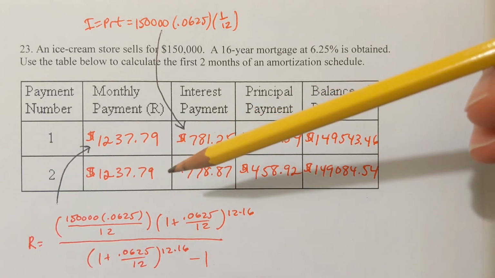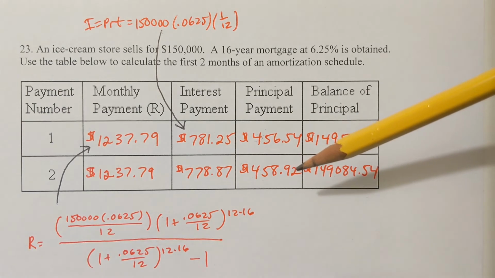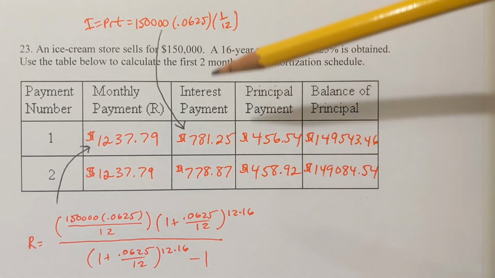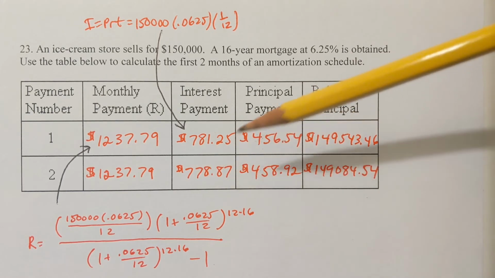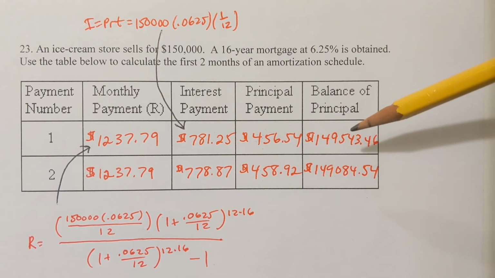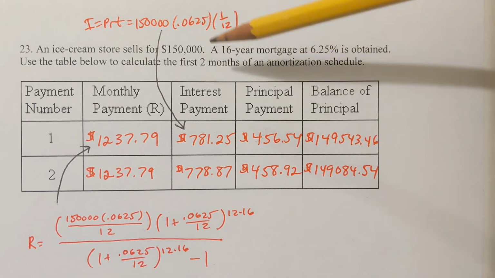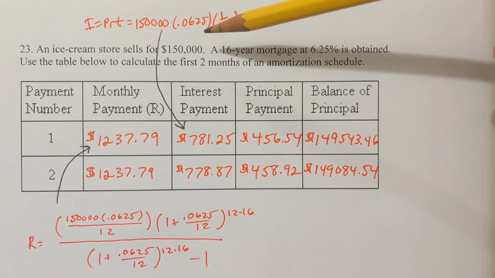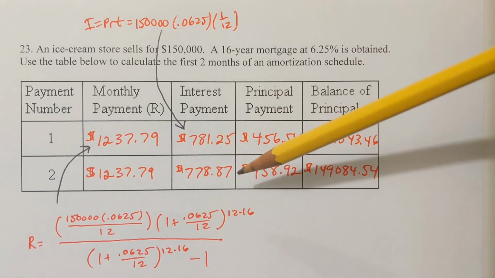So month 2, I pay the same amount. Some of it's going to go towards interest, some of it's going to go towards the principal. To find out how much is going to go towards the interest, I'm going to take the new balance, which is $149,543.46, times the rate, which is 0.0625, times t, which is 1/12, and I get this amount here.